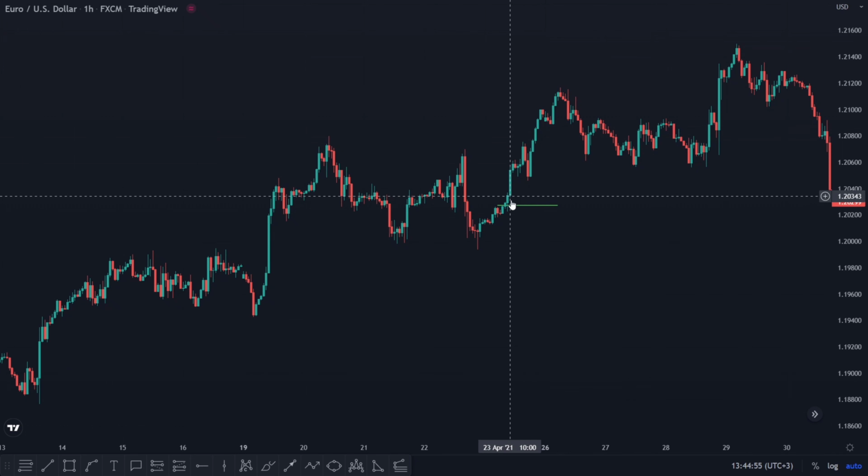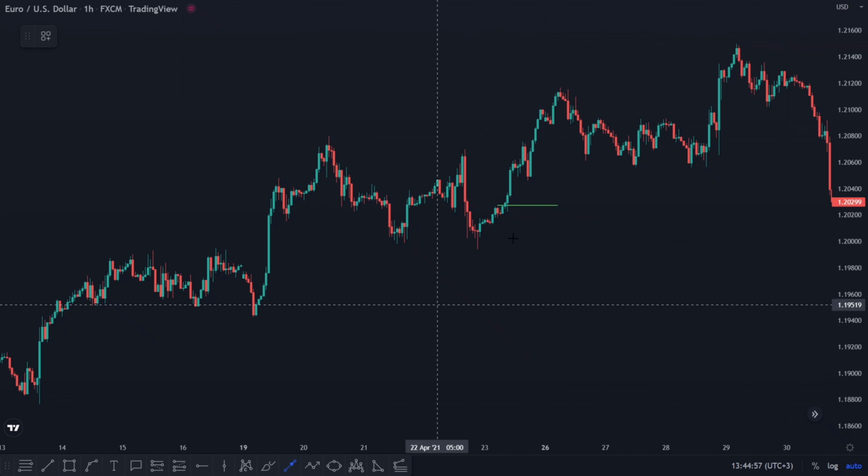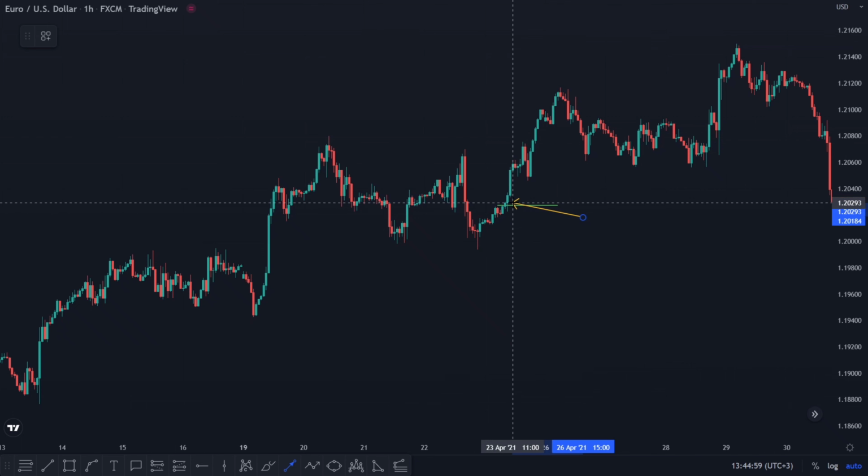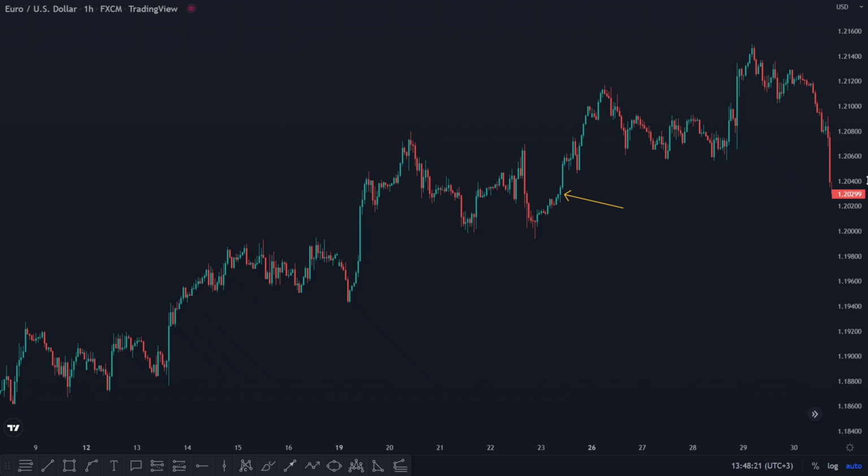Let's assume that at this particular point, we've now gotten into our buy trade. Now the question is, where is the best exit point? We want an exit where we are not targeting very few pips, but at the same time we don't want to be overambitious and target too many pips where the price might never get to.